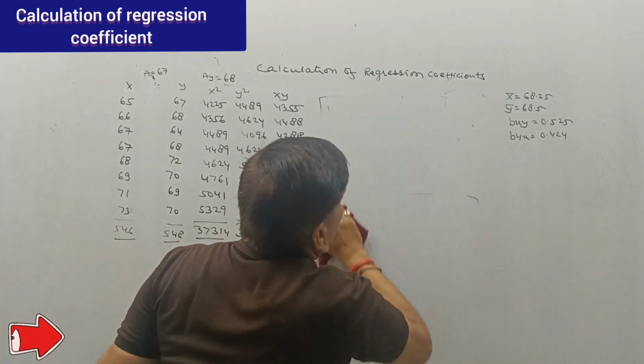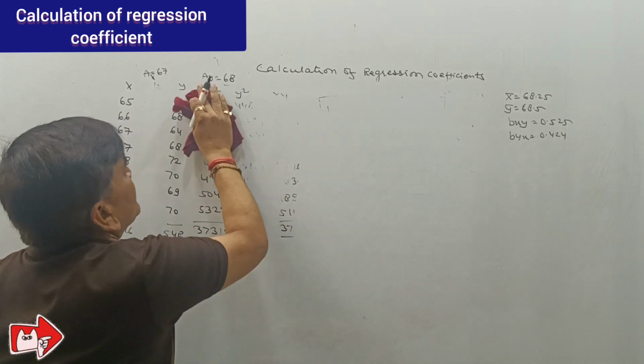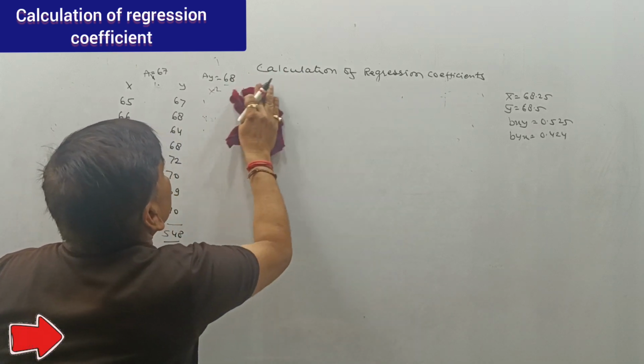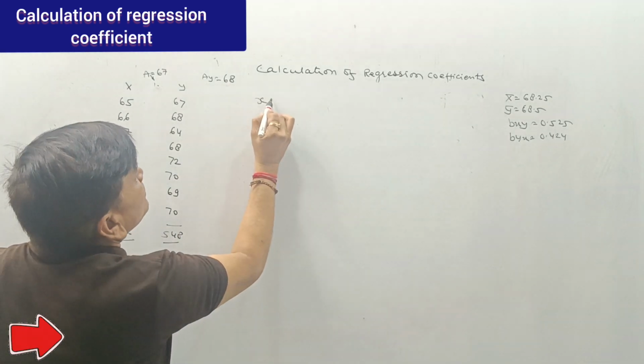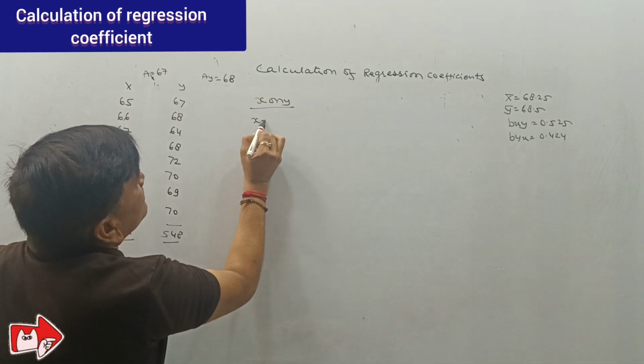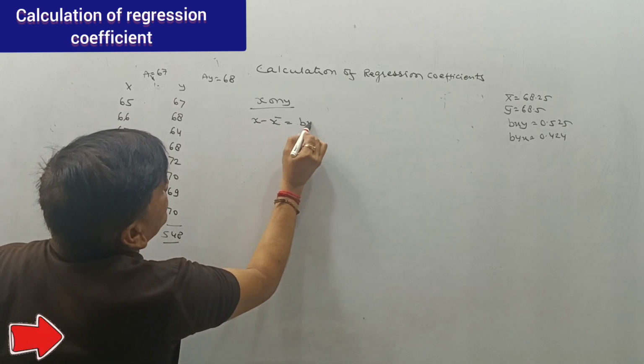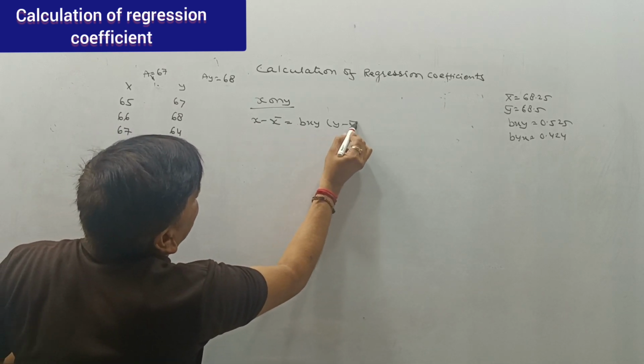Now calculating both regression equations. First is x on y, that is x minus x bar equals bxy times y minus y bar.